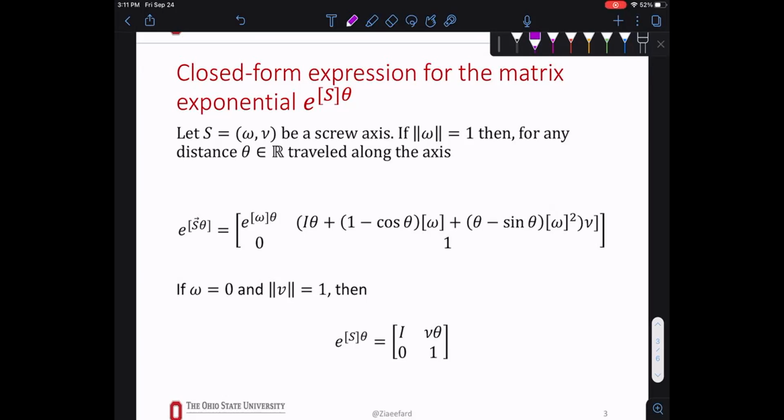Things I want you to pay attention to: don't forget there's a v here, which is the linear velocity. Also note that e to the power of omega theta is e to the power of omega theta, because theta is a fixed number. You can bring it inside or outside of the skew symmetric matrix. This is identity, and this is the skew symmetric.